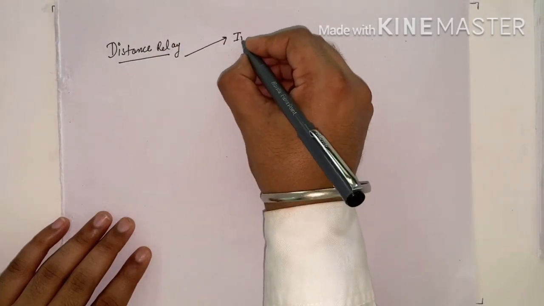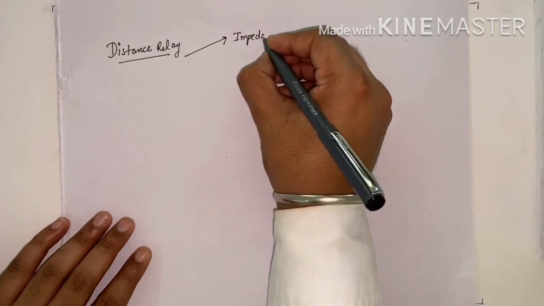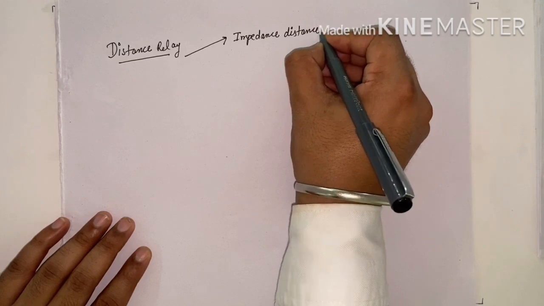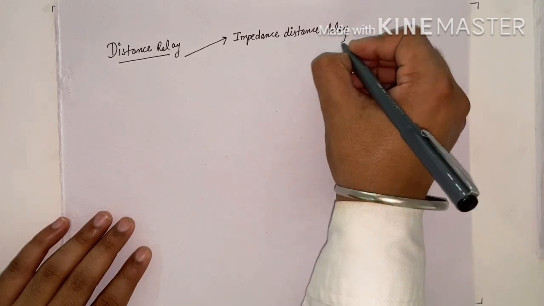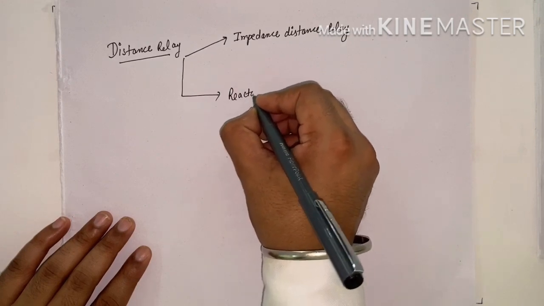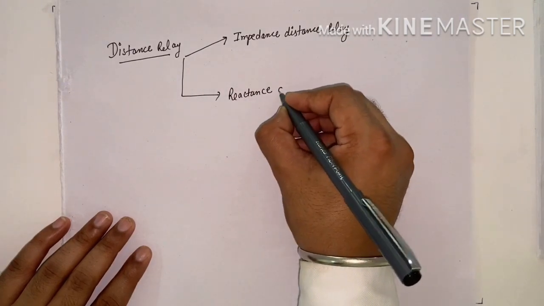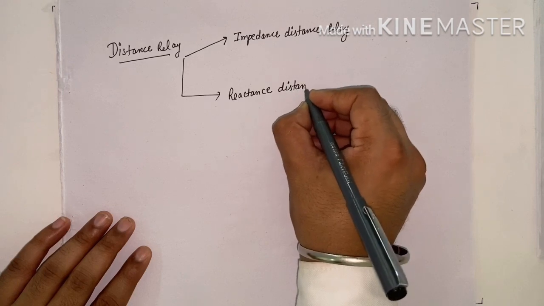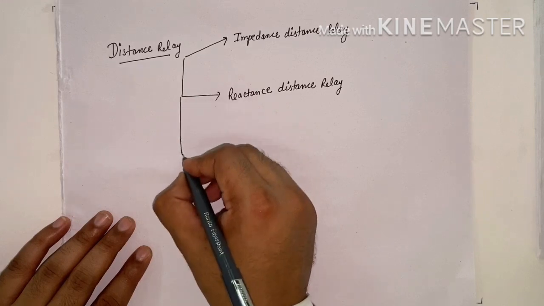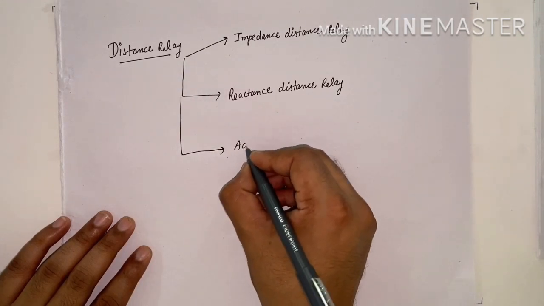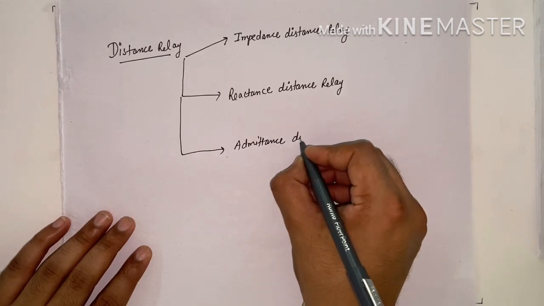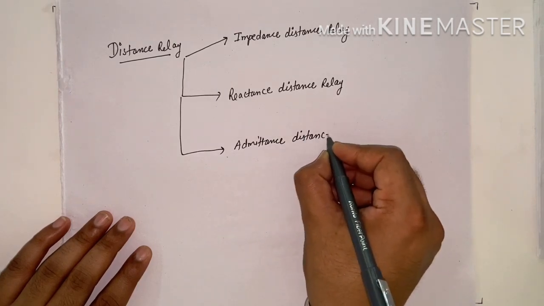First is the impedance distance relay, second is the reactance distance relay, and third is the admittance distance relay.